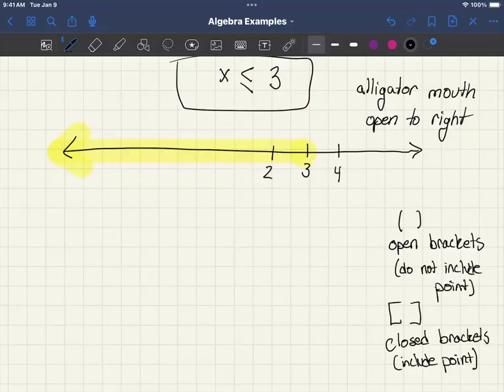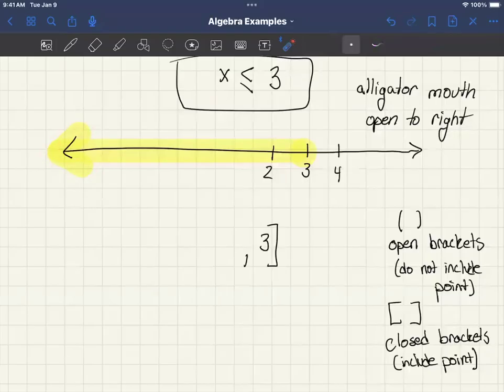So because we are including the number 3, we're going to do a 3 and a closed bracket. And notice our interval notation is going to be set up similar to the way we have our inequality written up here. Because our alligator mouth is moving to the right, we don't have to move around where our numbers are, which is super nice. You'll also notice that this line goes off to negative infinity.